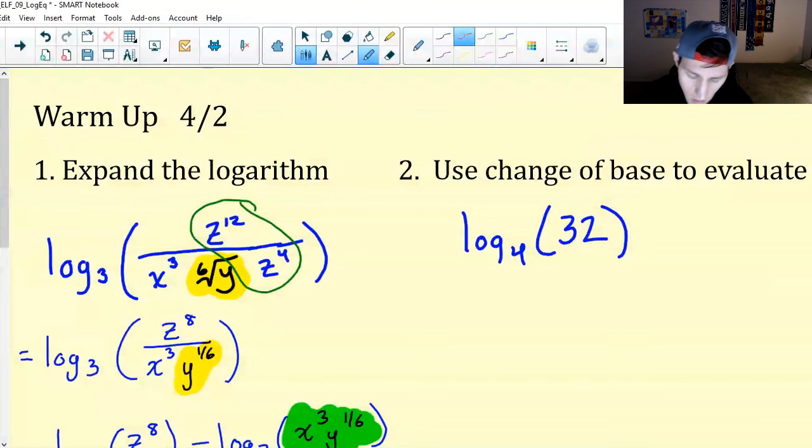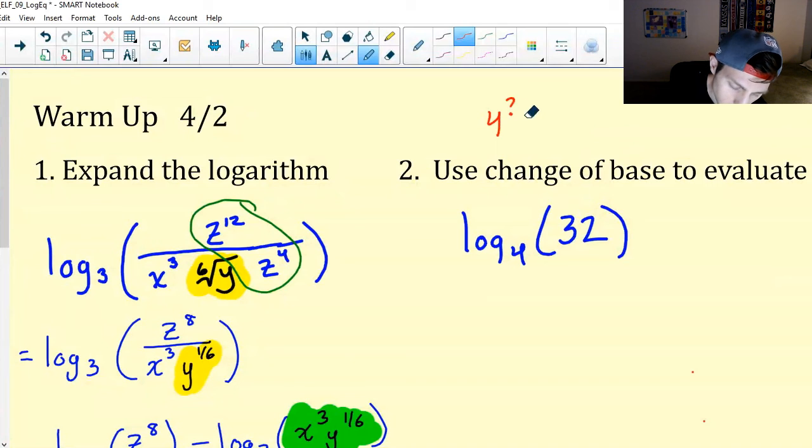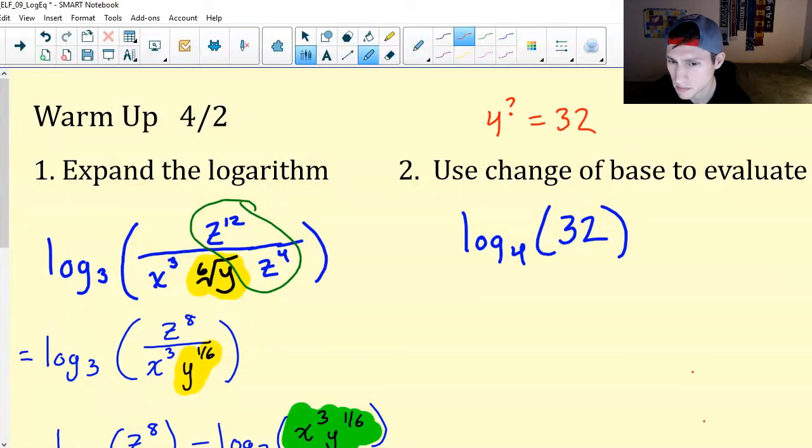If I just try to evaluate this in general, log base 4 of 32, this is asking, 4 to what power makes 32? Well, I don't know. 4 squared is 16, 4 cubed is 64. So somewhere between 2 and 3 is my answer.